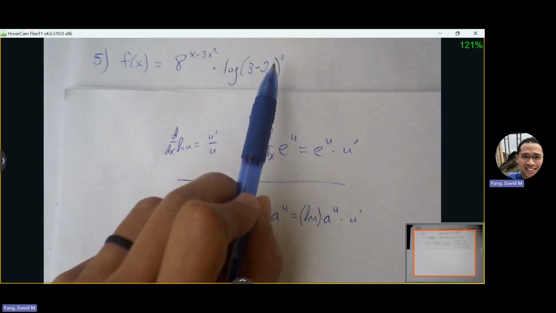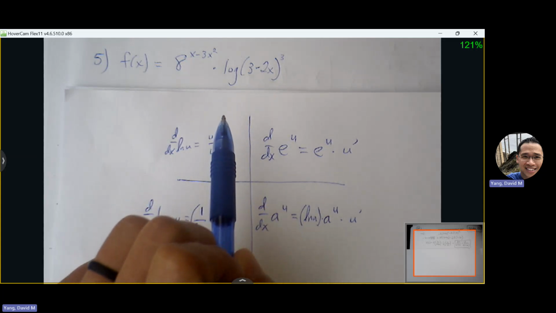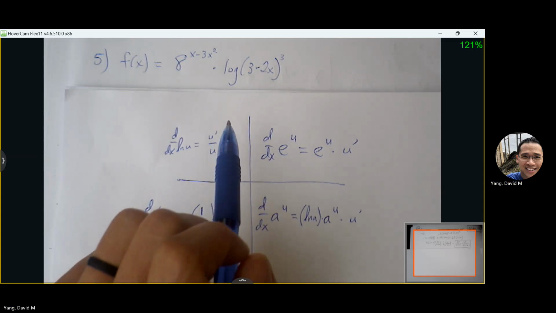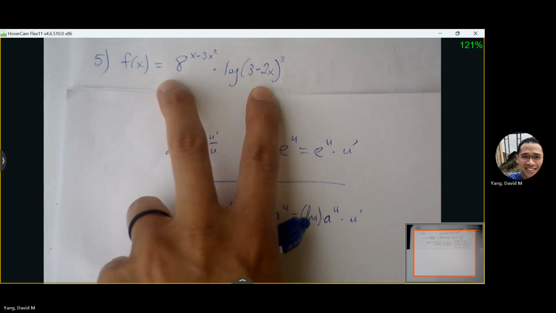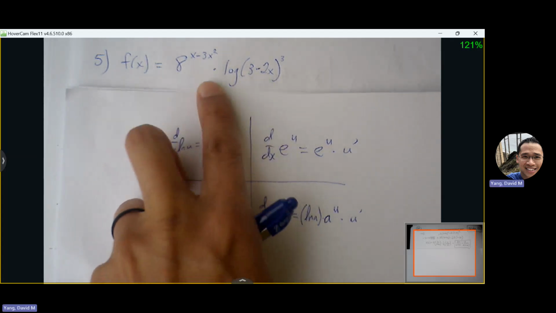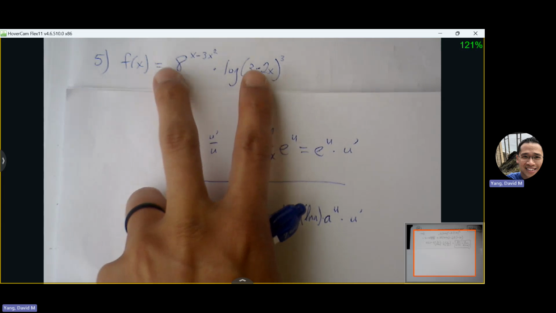Again, we have to make sure we involve what in this process? How many functions do you see? 2, right? And they're being multiplied, so we got to go through what?